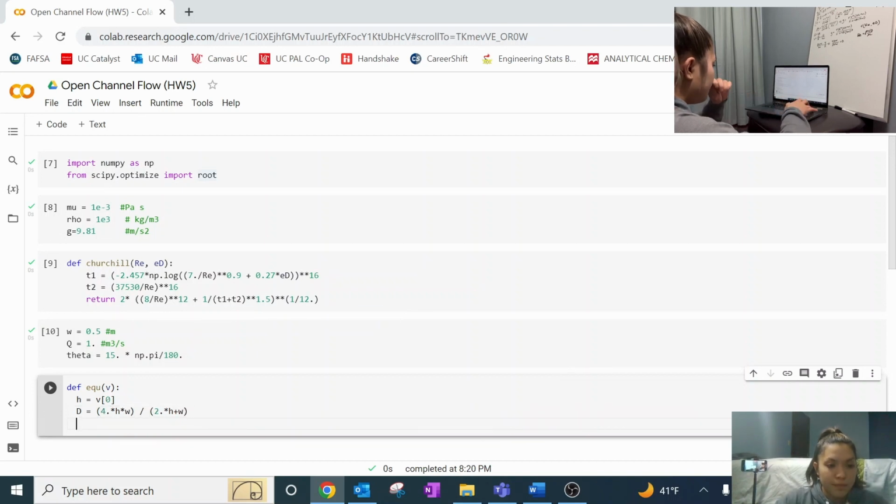And then we'll also need to define the velocity, which is the flow rate divided by the height times the width.